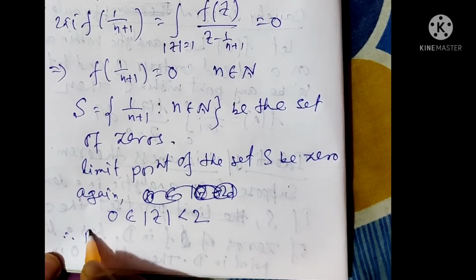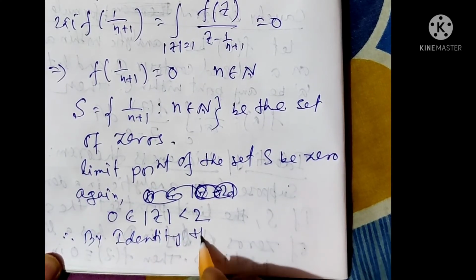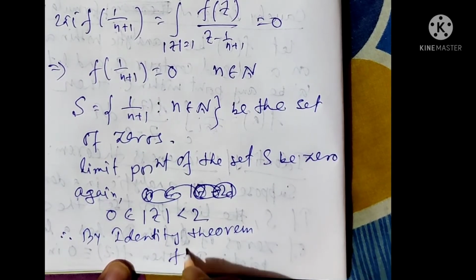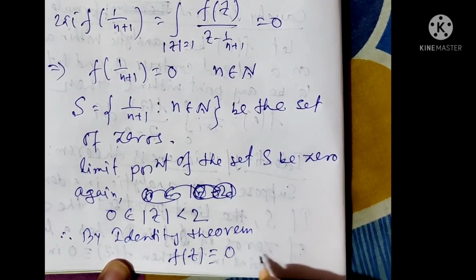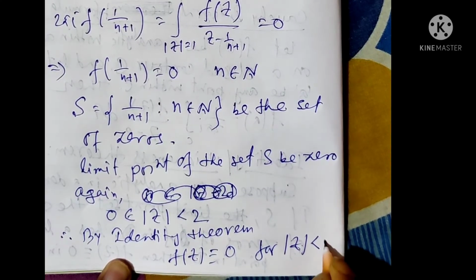Therefore by the identity theorem, f(z) is identically 0 for |z| < 2.